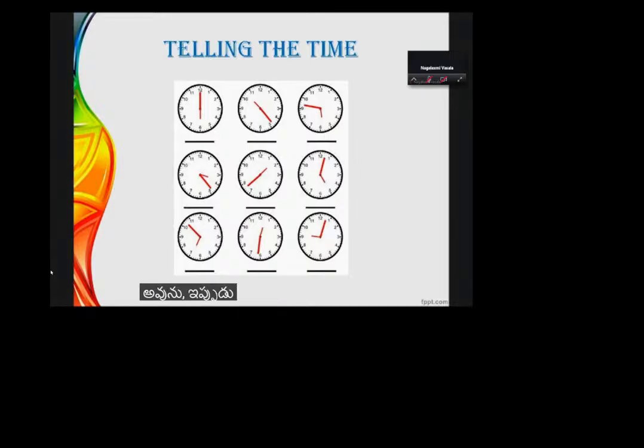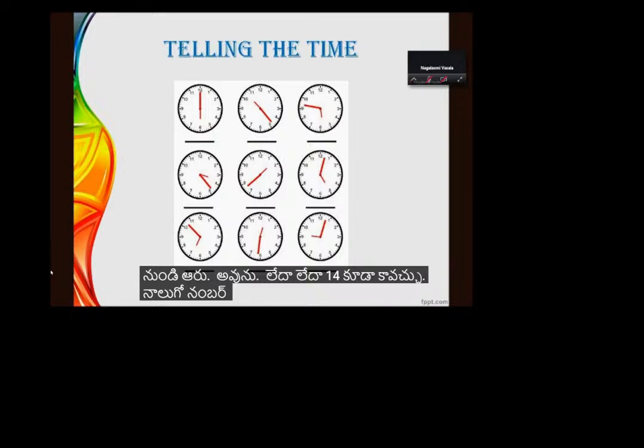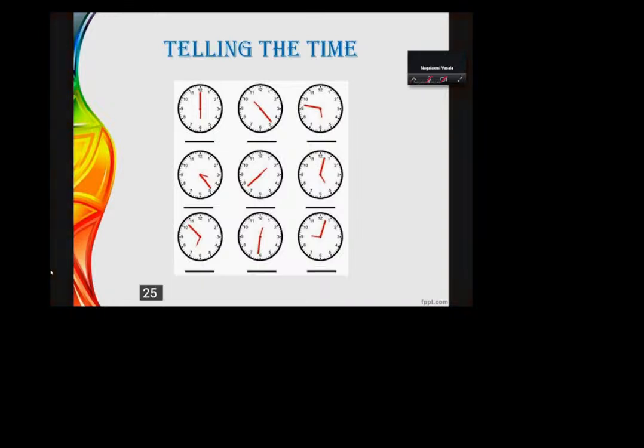Yeah, it's 13 to 6, or even 14 maybe. In clock number 4, it's 25 to 3. No, it's 25 past 3.